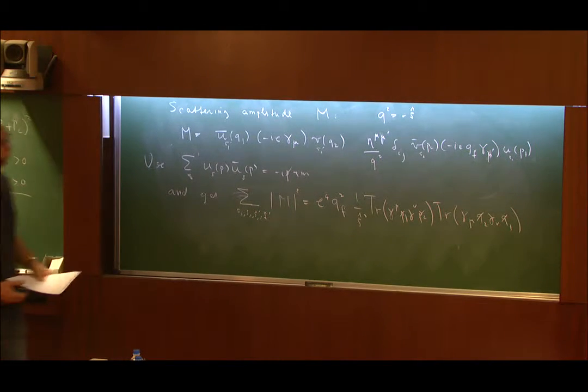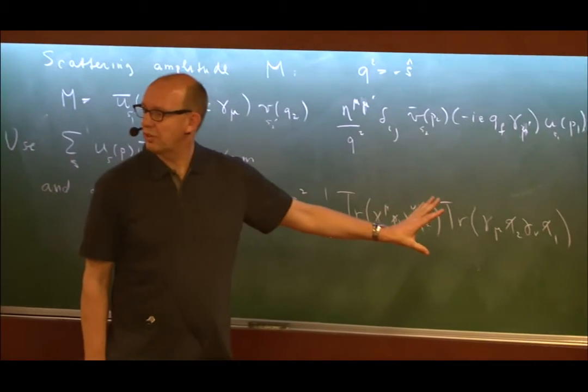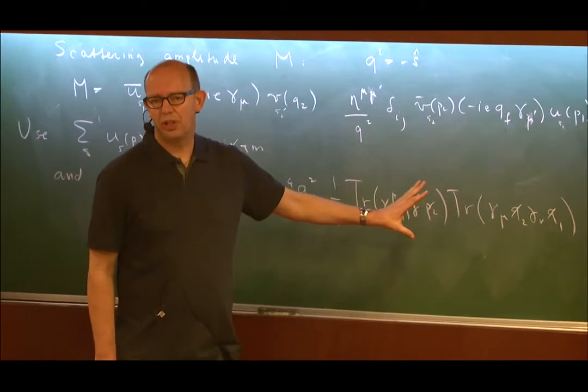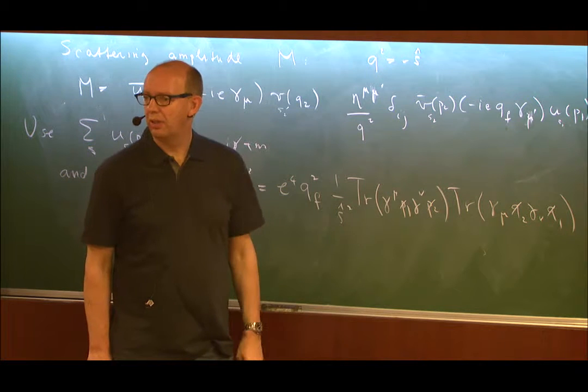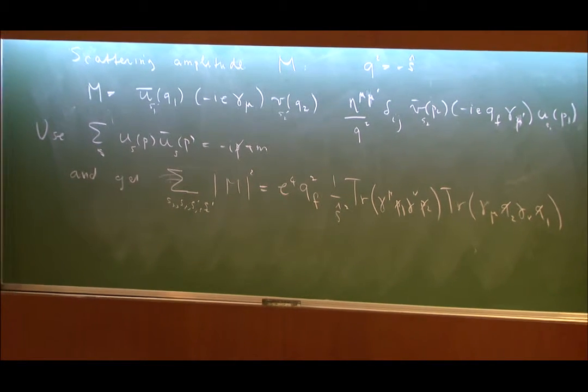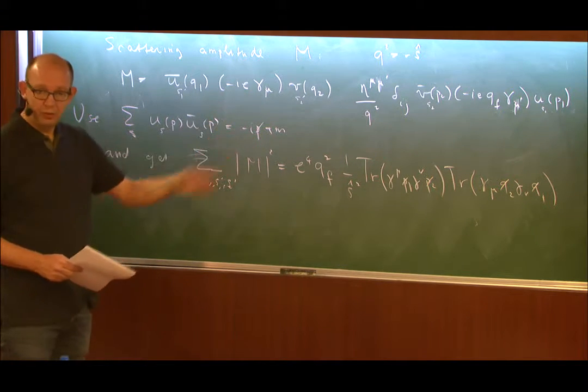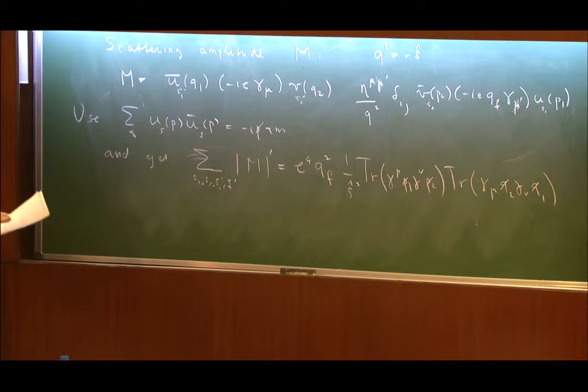So these are traces over these gamma matrices. Whenever you've seen such steps, it's always a few lines of work, but I see many of you nodding that this is known. This has to be worked out further, but once you have it, you need to use it somehow.